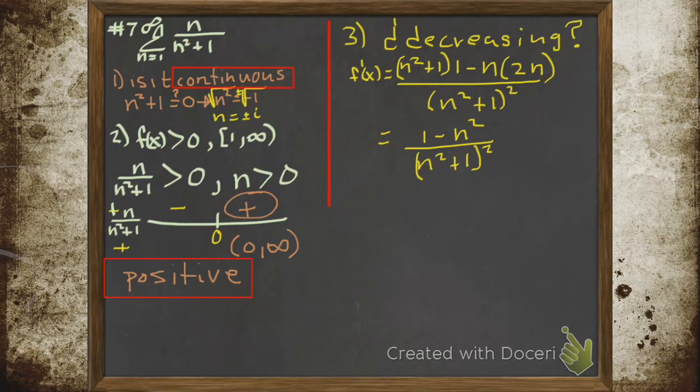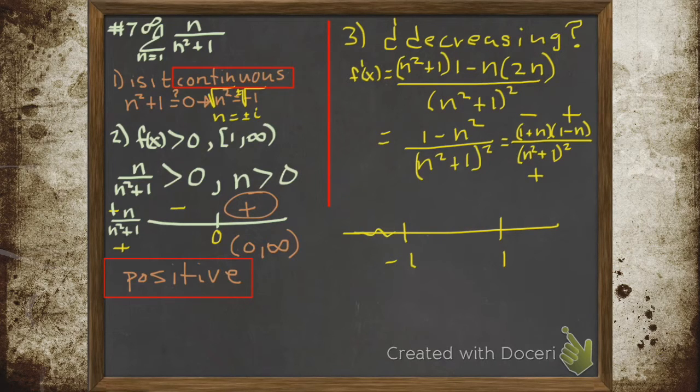So, still, we're checking the inequality, and we put the zeros on the number line. The denominator is never 0. So the zeros of our numerator were -1 and 1 because it factors like that. We chose a value to the left of -1, and we found that our signs were like that. And that gave us a negative value.